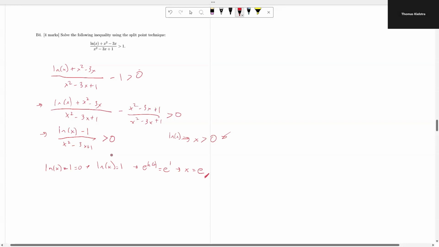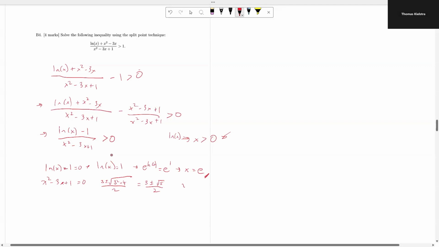And now I have x squared minus 3x plus 1 equals 0. I'm just going to go straight to the quadratic formula. 3 plus or minus the root of 3 squared minus 4, over 2, equals 3 plus or minus √5 all over 2.